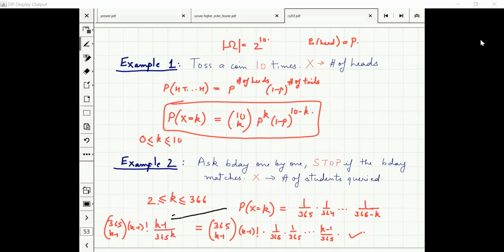This is the probability that x is equal to k.